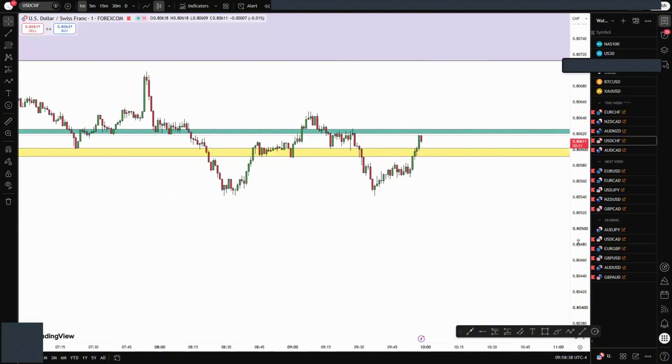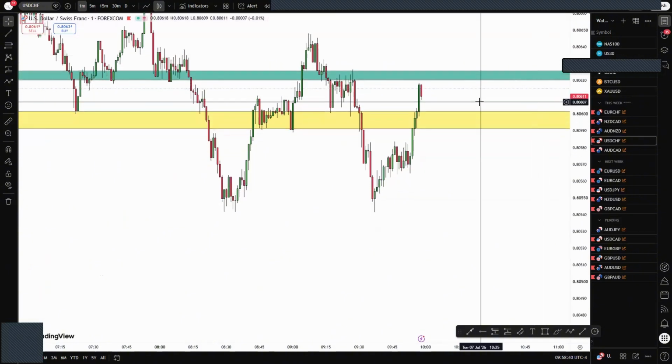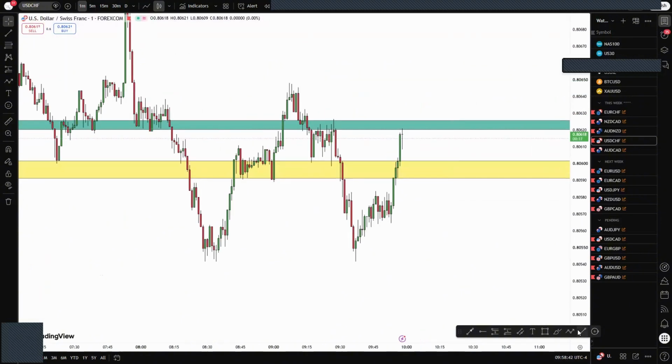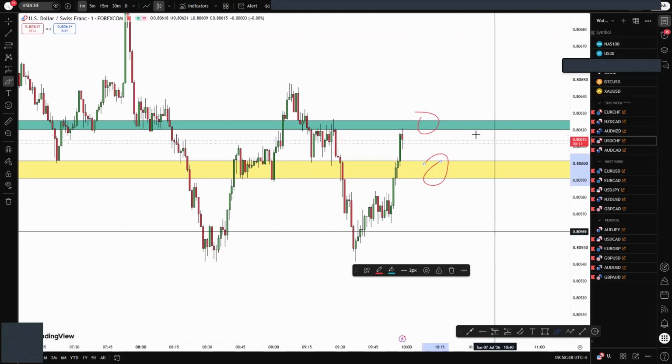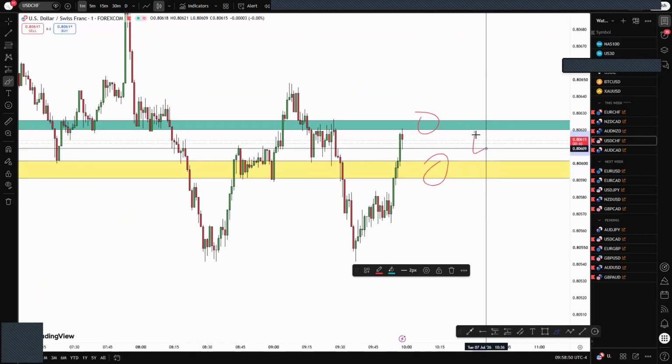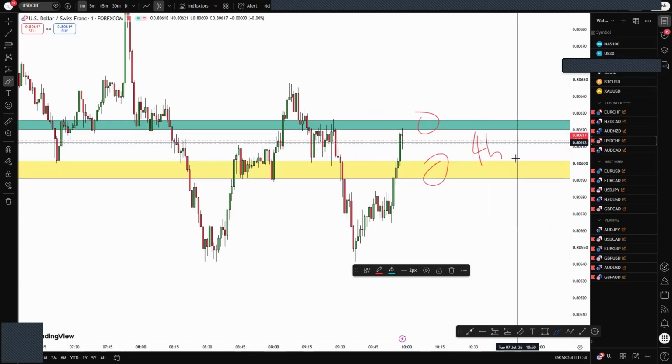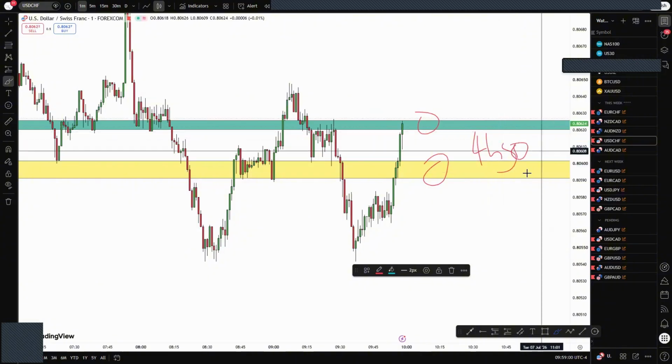But the only key is whether I'm at this level or this level. I need the 4 hour, which is the same time frame, to have a shift. Okay.